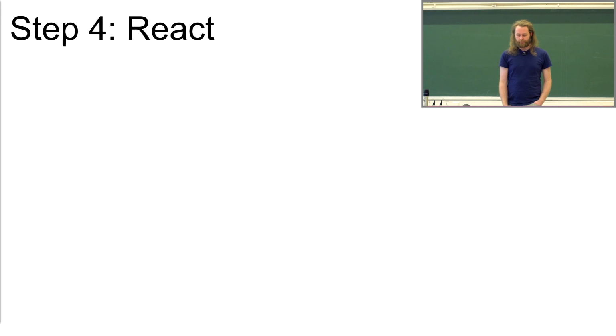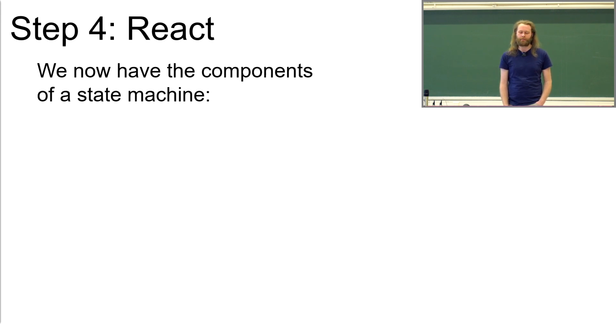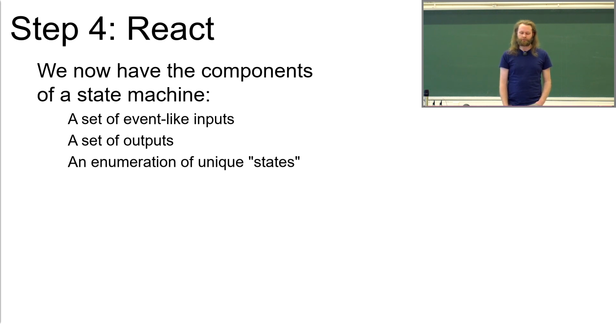So step 4. We've minimized our states. We figured out we've put up a loop. We figured out the inputs, figured out the outputs, figured out the data, and minimized the data. So now we need to conditionally react to these inputs given our data. So we have a set of event-like inputs. We have a set of technically event-like outputs. We have an enumeration of the unique "states."